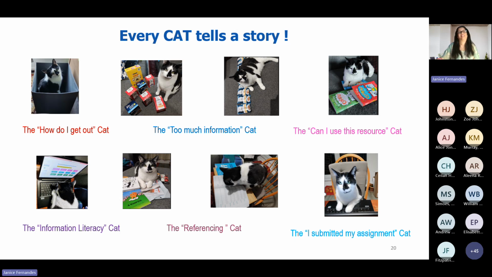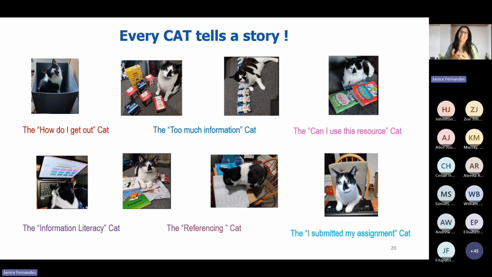That's my best slide. So I use humor. It's engagement and empowerment, but I use images like these. The typical one that I use for my dissertation students when they're stuck with that. So how do I get out of this whole thing? There is too much information, cat. Can I use this resource, cat?